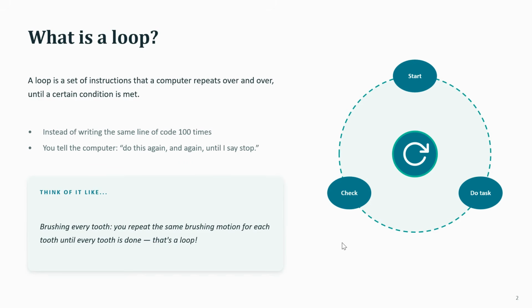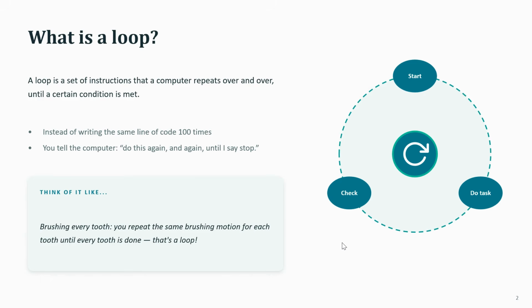If we talk about what a loop is, a loop is a set of instructions that a computer repeats over and over again until a condition is met, which is what I have already said. Instead of writing the same line of code 100 times, for example, you want to print a list of students in a class, like 30, you don't have to print each name, Matthew or John.